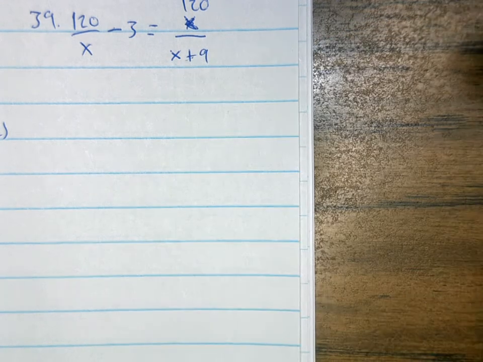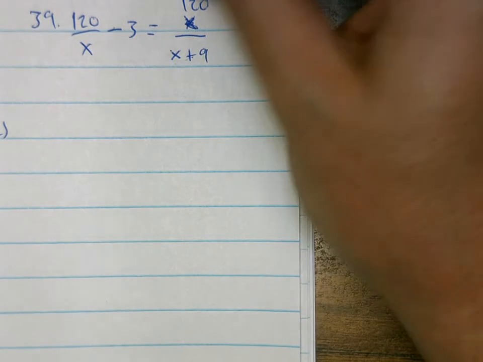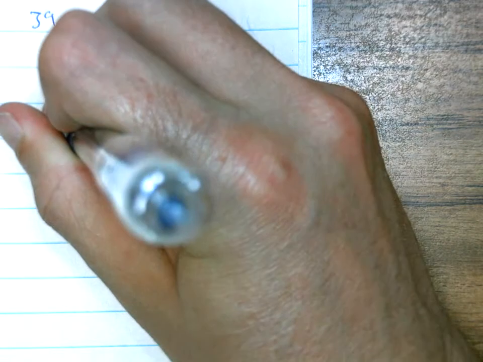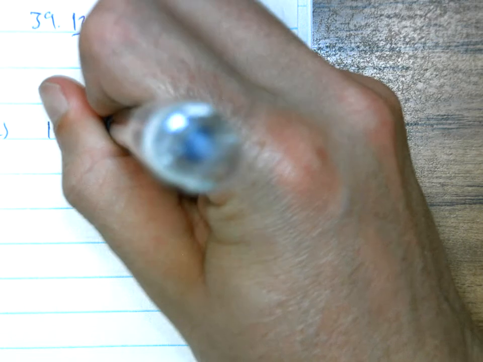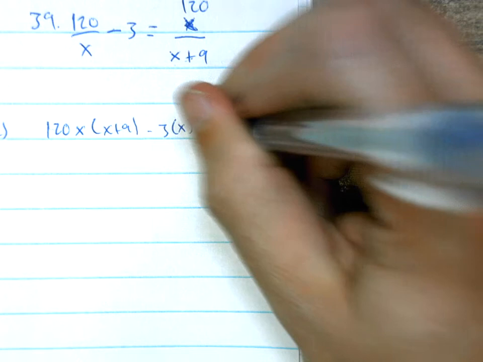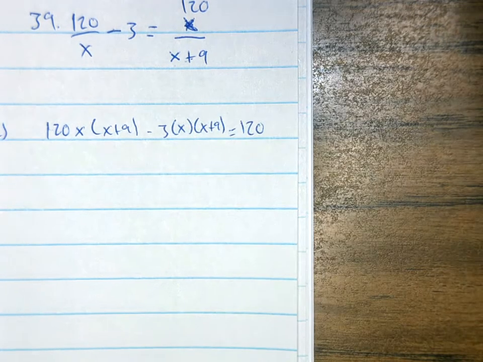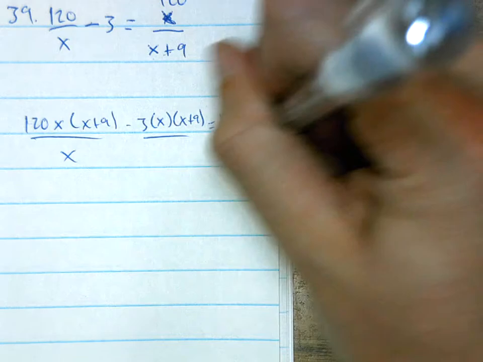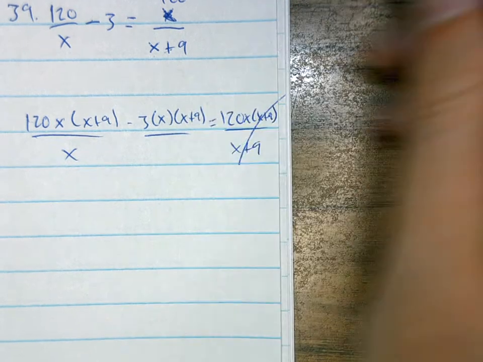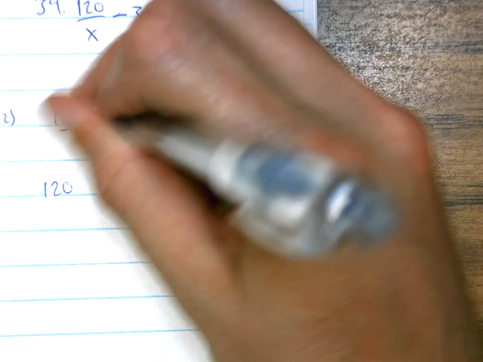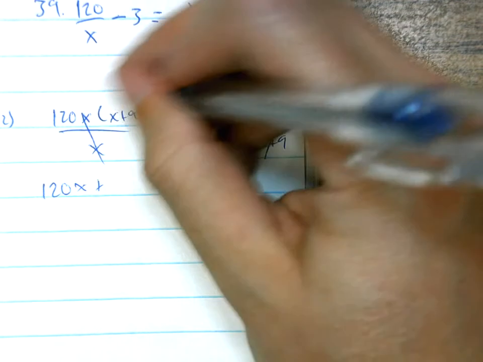So if you multiply everything by the LCD, we get 120 x times x plus 9 minus 3 times x plus 9 equals 120 x plus 9 all over this stuff. And you cancel what you can. So we have 120x plus 1080.